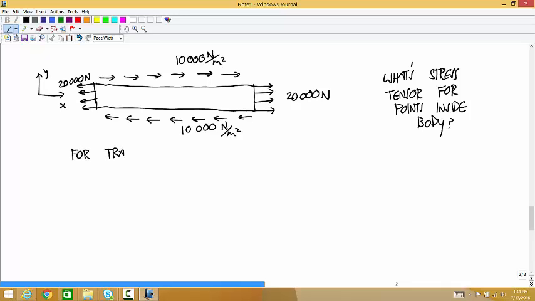For traction components that aren't given in terms of a force per area, just divide the total force by the area of the loaded face.